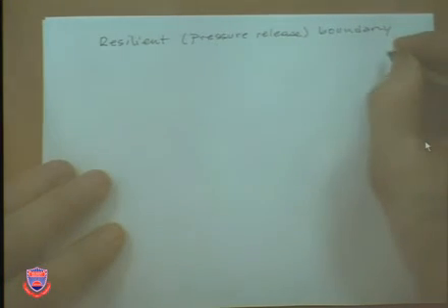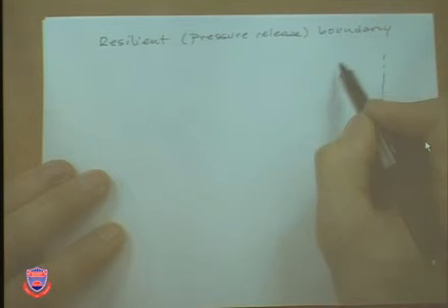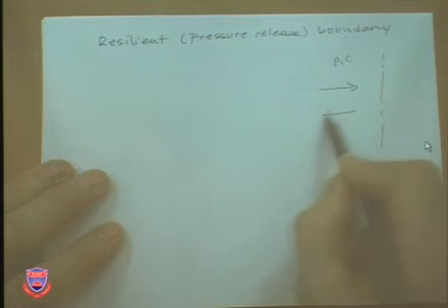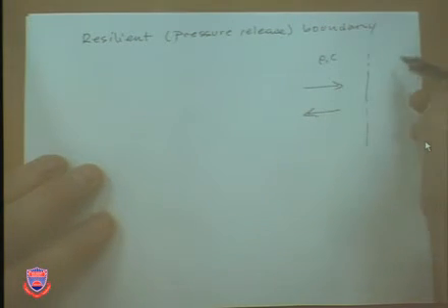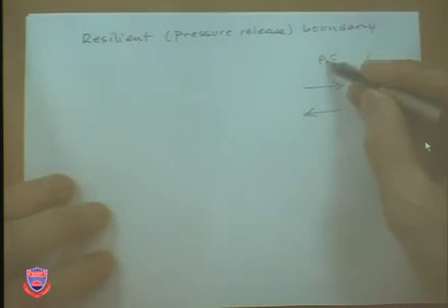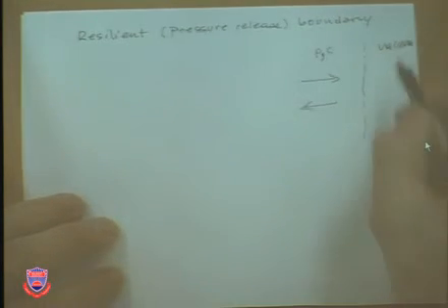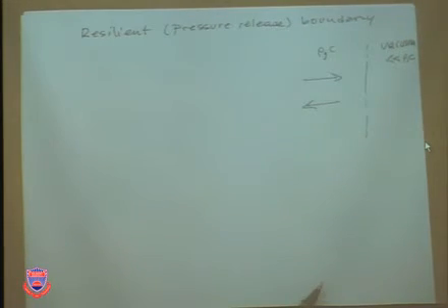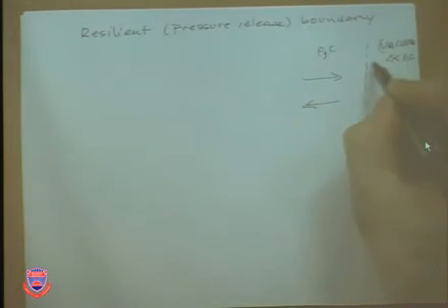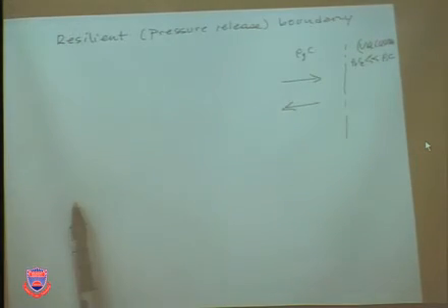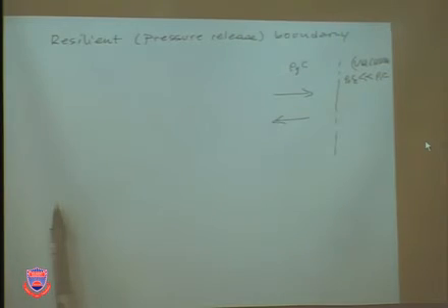What does this mean? Let's say this is where the acoustic medium is, sound pressure goes and comes back. This other side is theoretically vacuum, or its density and speed of sound is so much less than the left-hand side that you can assume it to be almost a vacuum.